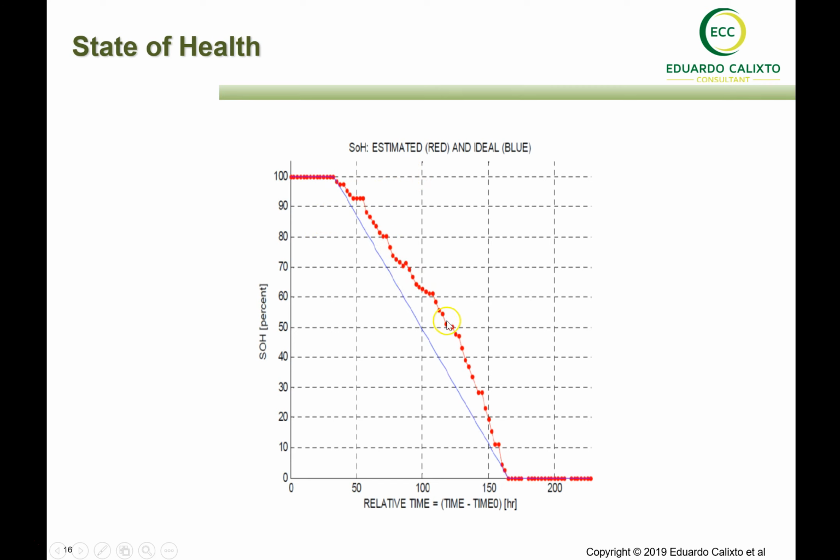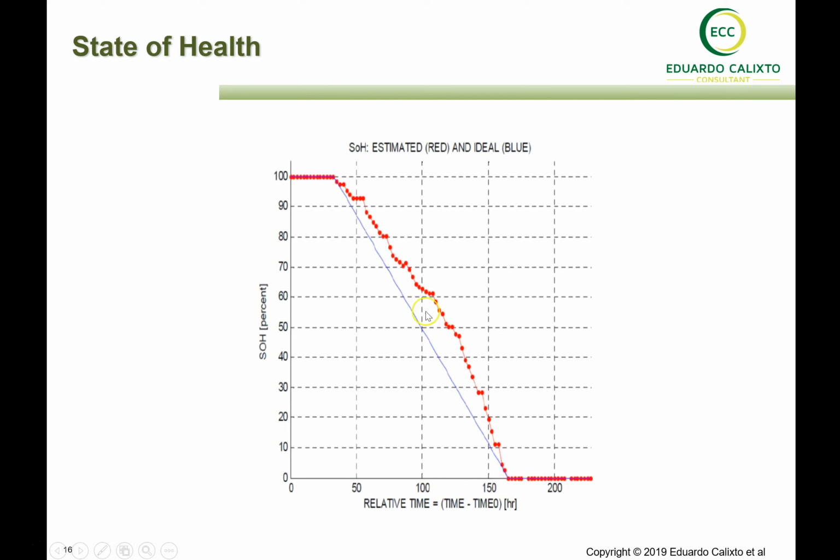We have the state of health in terms of percentage, and for each percentage, in the end, the predicted value is related to the remaining life of the equipment.